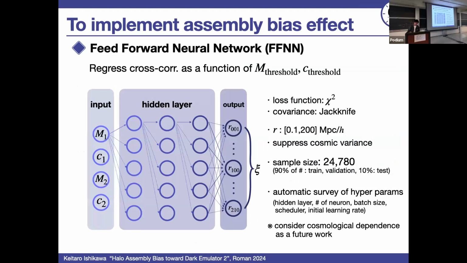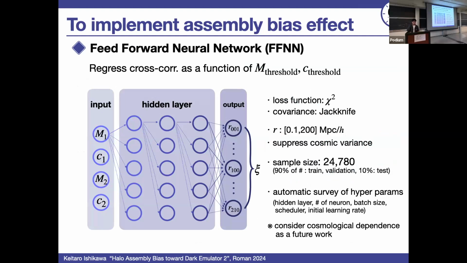And as I showed on this slide, we use a feed-forward neural network to get an optimal mass and concentration threshold, just like interpolating between 4D spaces, mass concentration 1 and mass concentration 2, following these setups.